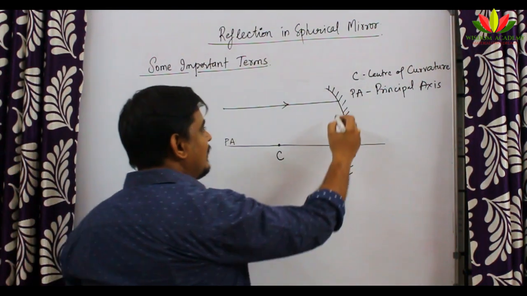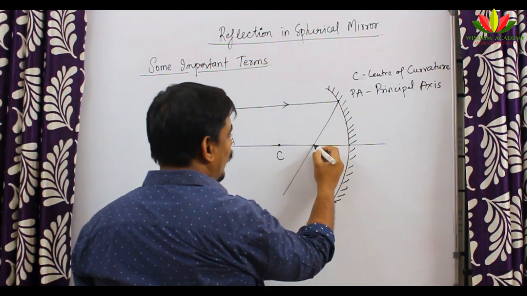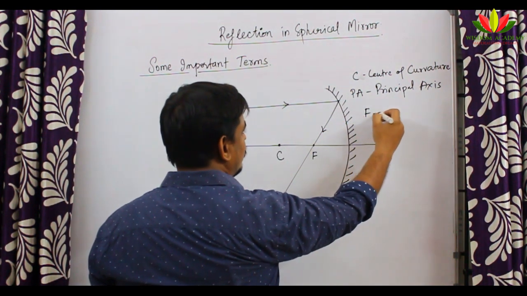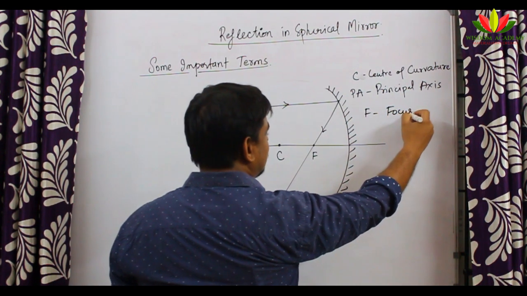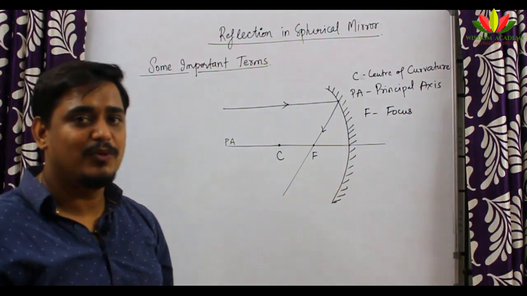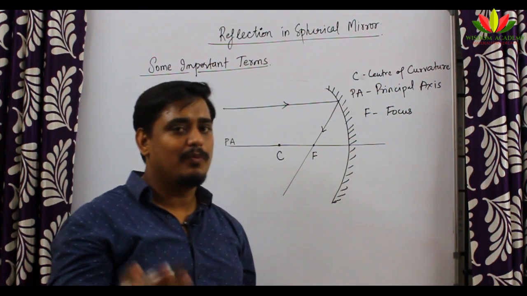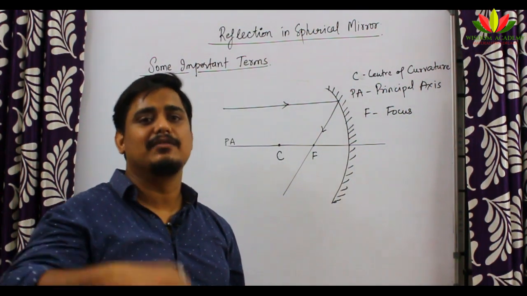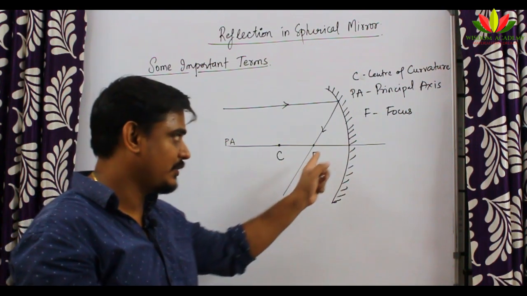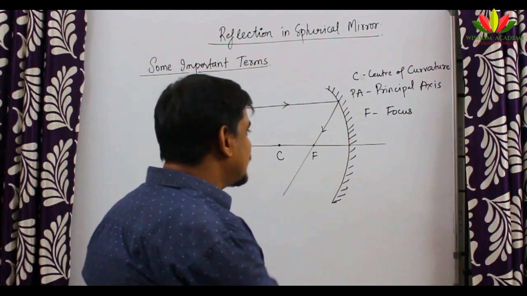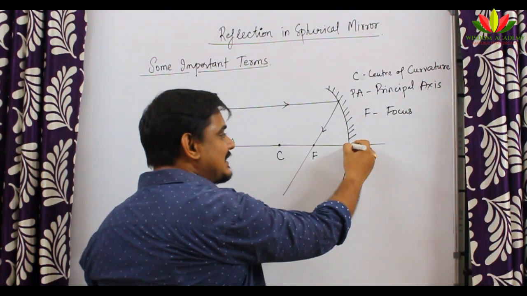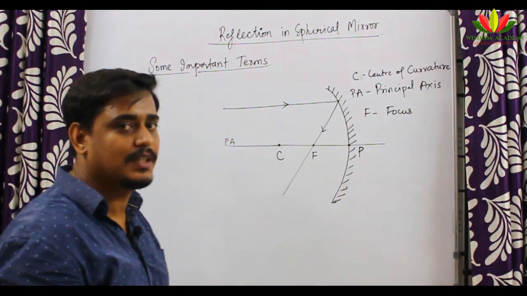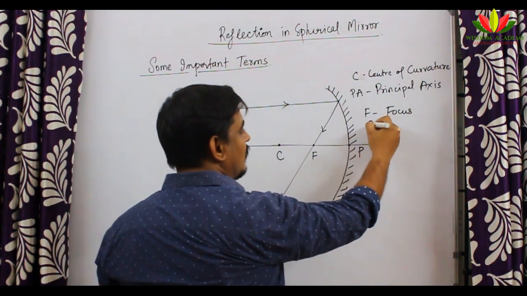That point is known as the focus. Focus is the point at which any ray parallel to the principal axis gets converged, in the case of a concave mirror. The point where the principal axis intersects the mirror is known as the pole.